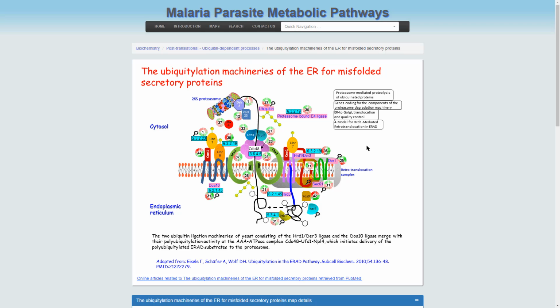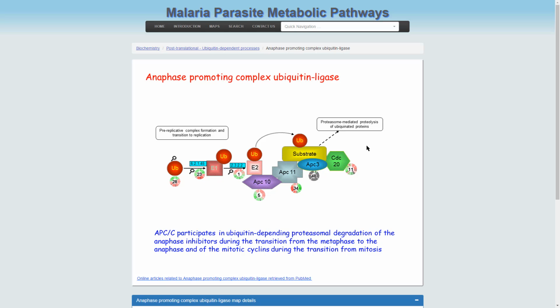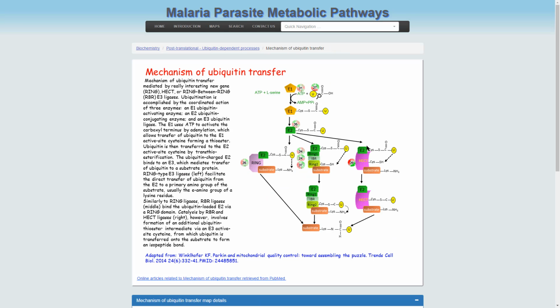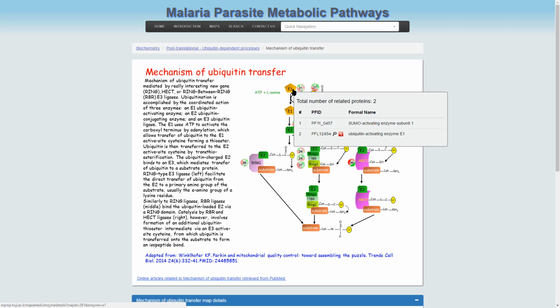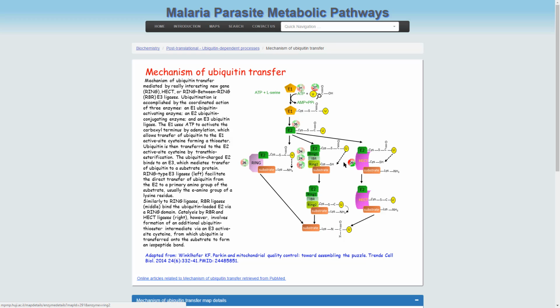And this is an example of the role of ubiquitin in the cell cycle by promoting the anaphase. And these are the details of the chemical reaction taking place during modification by ubiquitin, starting with the E1, E2, E3, and so on.